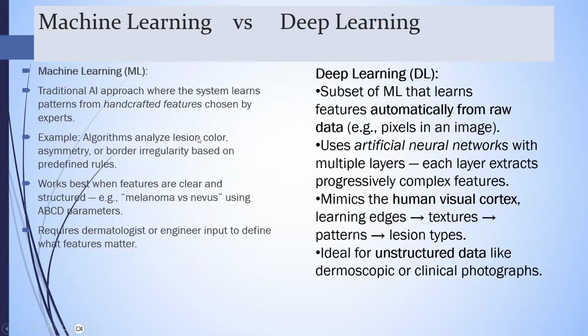Then the algorithms analyze the lesion color, the ABCD of these lesions. It works best when the features are very clear and structured, such as melanoma versus nevus using ABCD parameters. And this requires both the dermatologists and engineers to give their input to define what features matter.